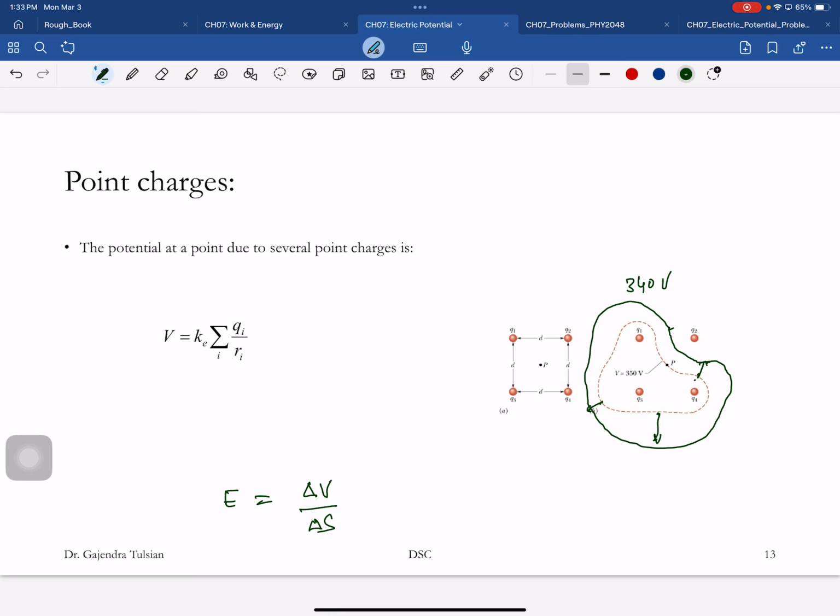So if this is 10 volts and it happened over 1 centimeter, it would be 10 volts divided by 10 to the minus 2 meters, which is 1,000 volts per meter. Anybody remember what you need to create lightning? Very good, 3 million volts per meter.